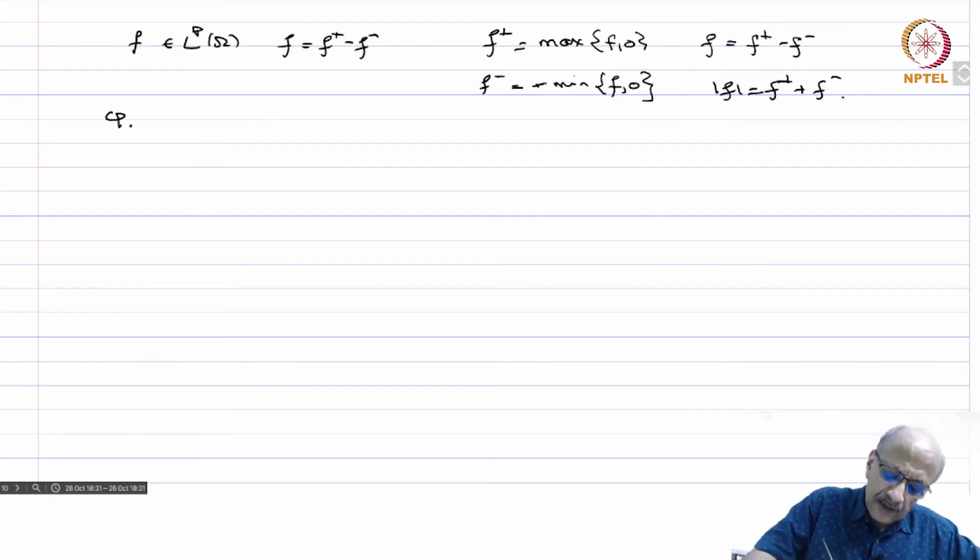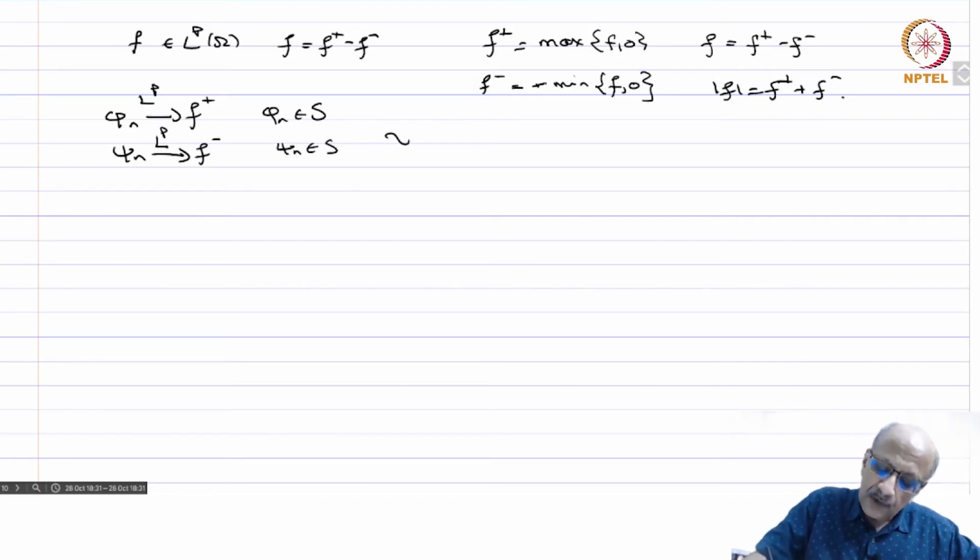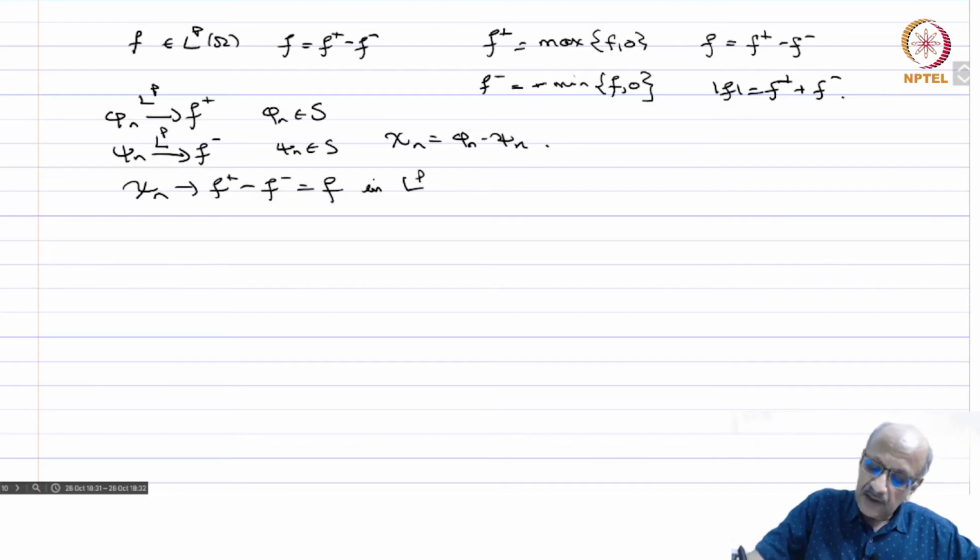Then you have φ_n in S converging to f⁺ in L^p, and ψ_n in S which also converges in L^p to f⁻. So you put χ_n equals φ_n minus ψ_n, then χ_n converges to f⁺ minus f⁻ equals f in L^p, and of course χ_n belongs to S, and this proves the theorem.